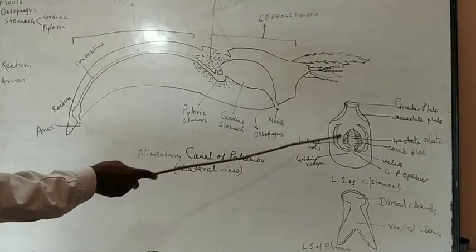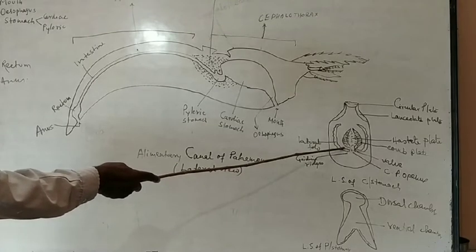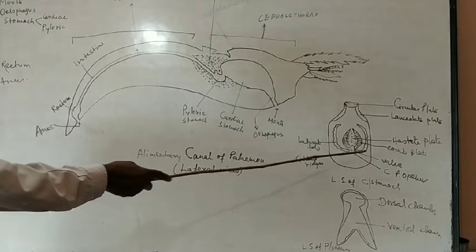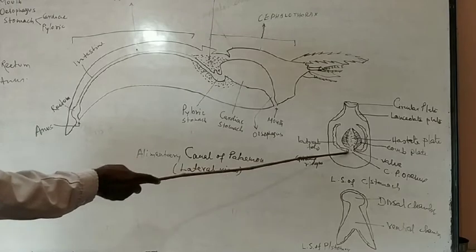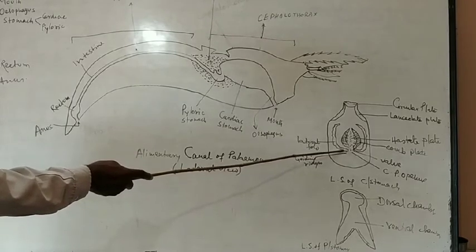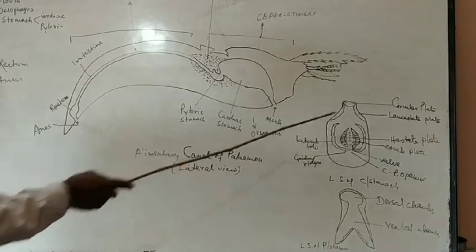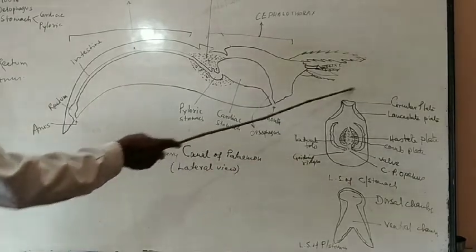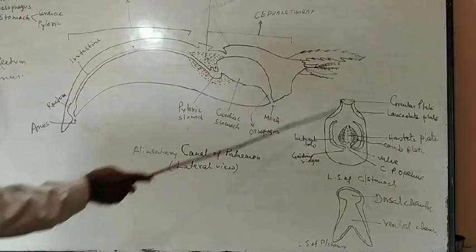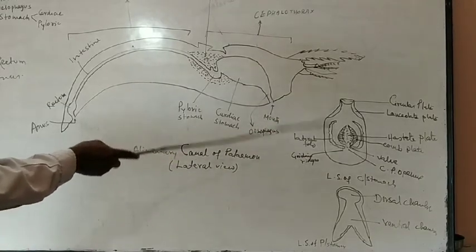The lateral fold also contains guiding ridges at the lower part near the cardiac pyloric opening. So this is the whole of the cardiac stomach, which is shown here in longitudinal section.